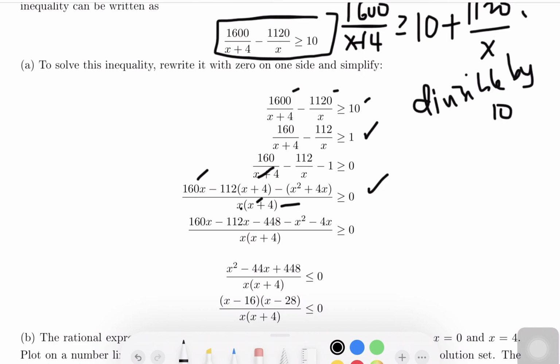Minus x times x plus 4 times 112 over x, x cancels, so what remains is 112 times x plus 4. Then, minus 1. Since this is 1, we multiply this by x squared plus 4x. Then, removing the denominator, the grouping symbols. We have this.